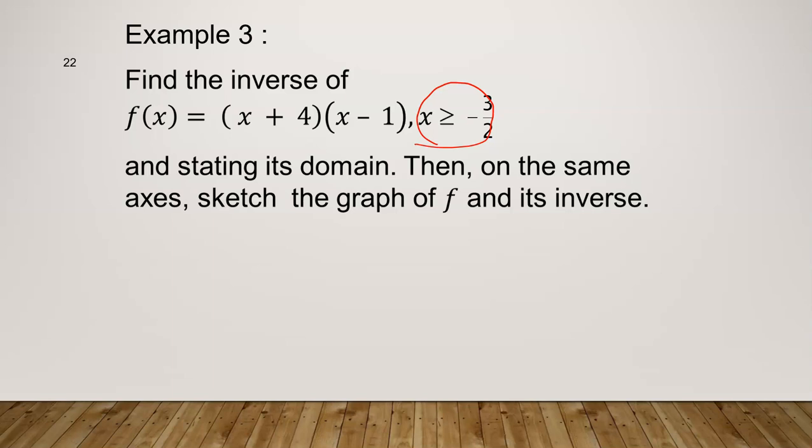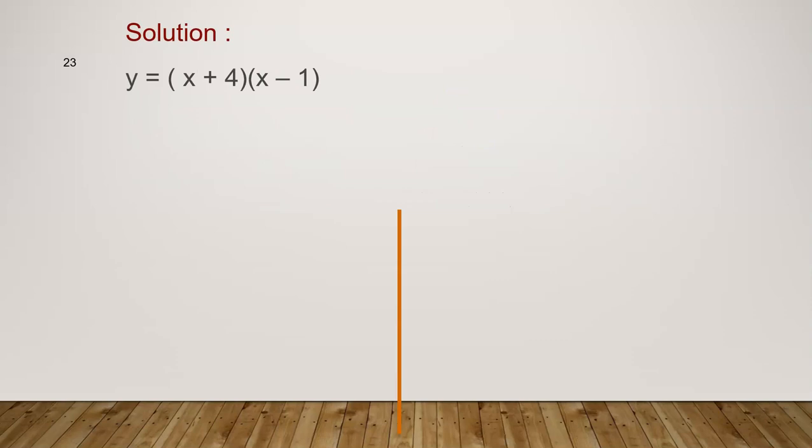All right, this question is asking you to sketch the f and the f inverse. First we expand the function, and then use completing the square. Once you change into completing the square, it's very easy to directly get the imagination of your graph, because from x squared plus 3x minus 4, you just know the value of a is equals to 1, 1 is greater than 0, so your graph will be smiling, but you don't know where is the minimum point.